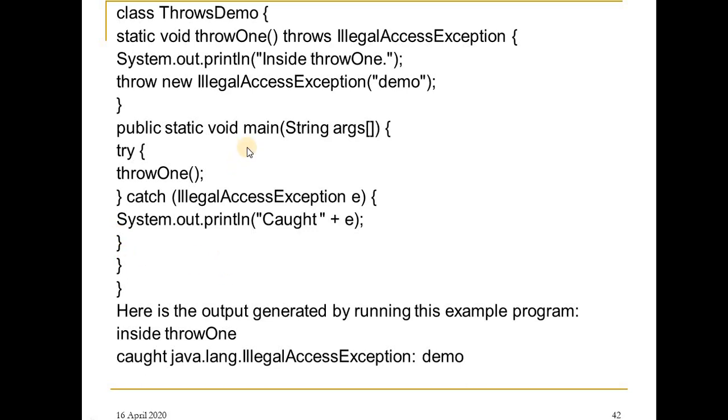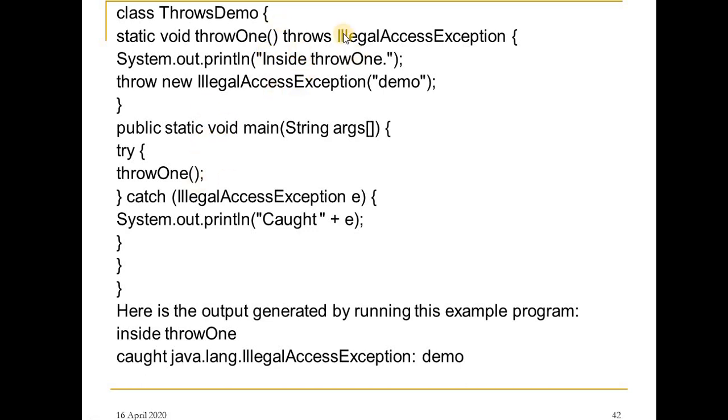Now let us start from the main method. In the main method we have the try block and the catch block. In the try block I just make a call to the throw1 method. So the control goes to the throw1 method. In the method signature of throw1 you tell the caller that throw1 is going to throw an IllegalAccessException.